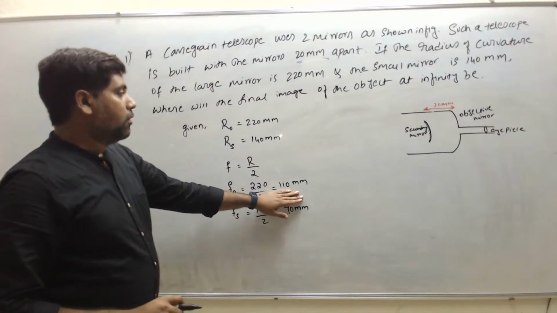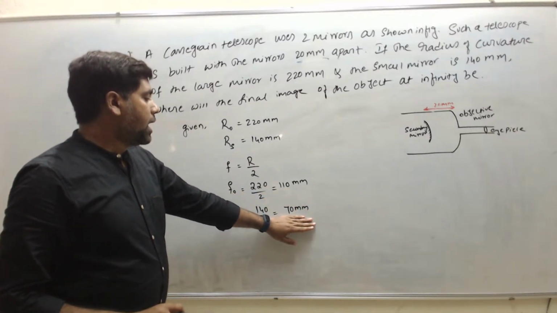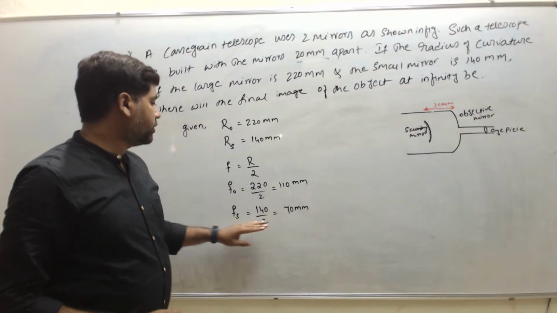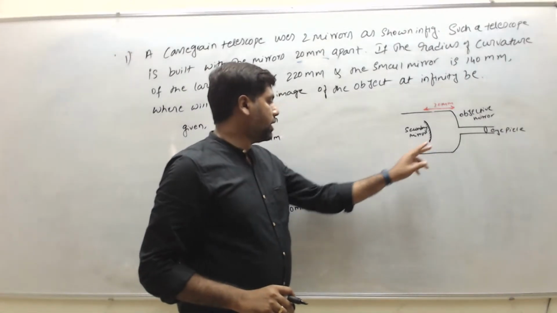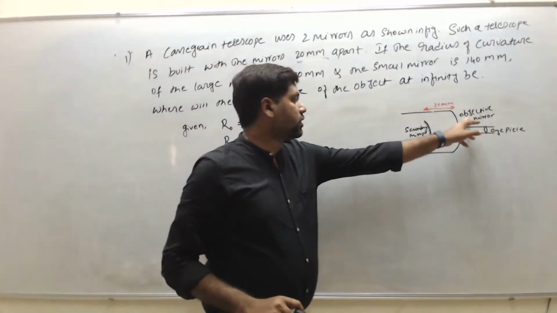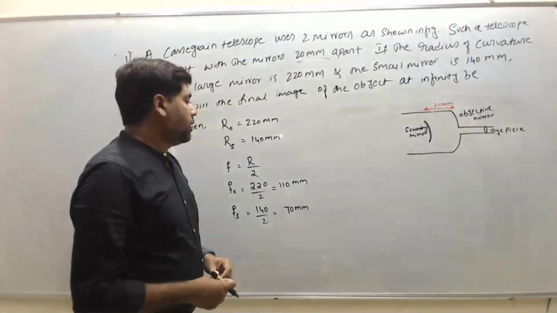Right? We know the focal length of the objective mirror and the focal length of the secondary mirror. For this mirror, the focal length is 70 millimeter, and for this one, it is 110 millimeter.